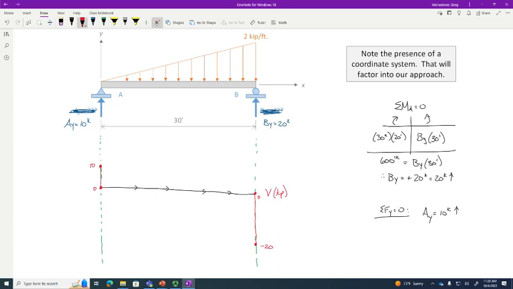Well, let's see if we can figure that out. Let's start off with this point right here. Help me out with this point. What is the value of the load at this point? 0. So what is the slope of the shear diagram at this point? 0. So the shear diagram needs to start out with a 0 slope, right?